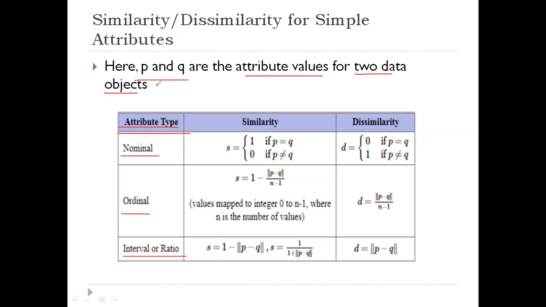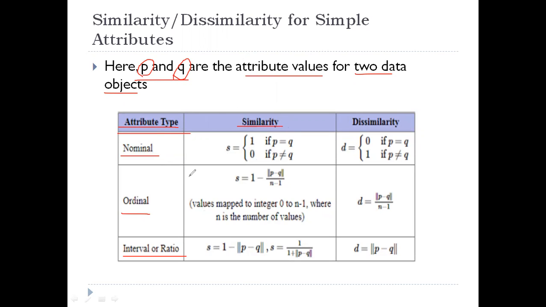One data object is represented by P and another data object is represented by Q. Assume these are the two different data objects, right? And coming to the first one, what is the nominal attribute? What is the formula?